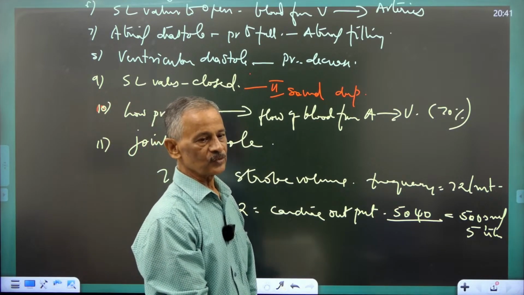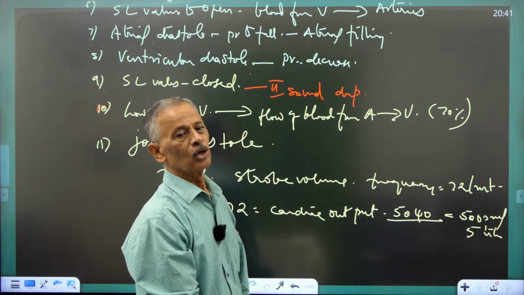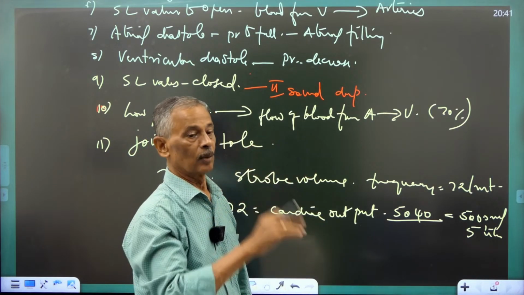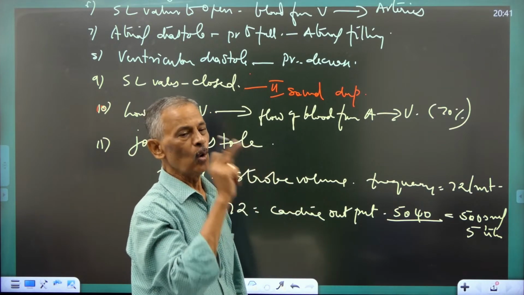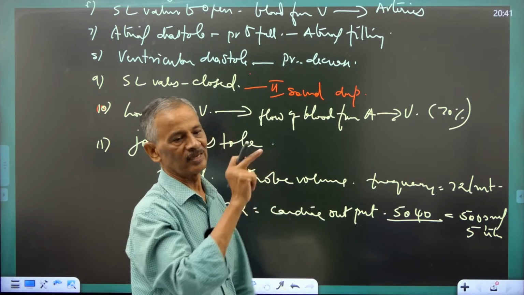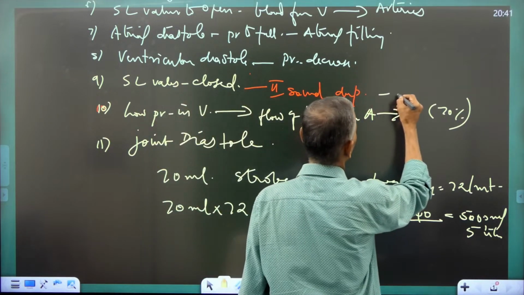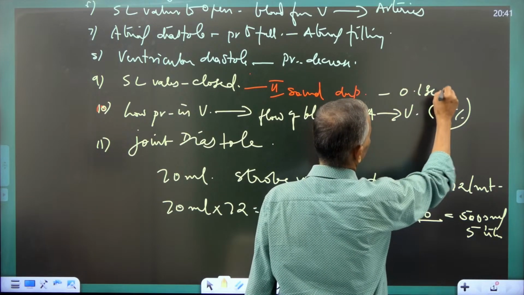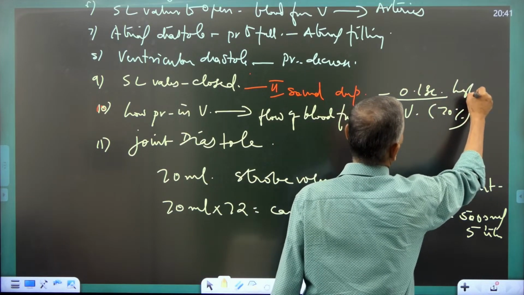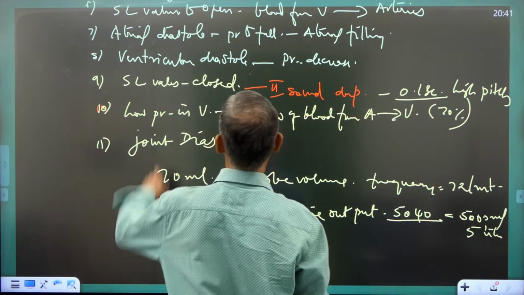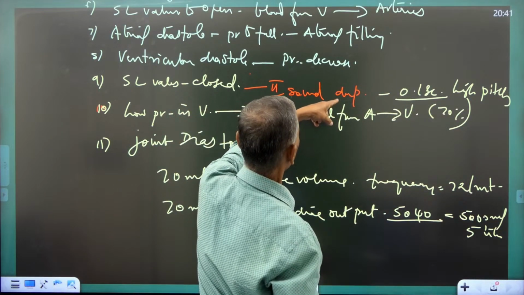Lub sound is of long duration. It lasts long, 0.16 to 0.19 seconds, whereas the second sound is only 0.1 second. It is the high pitch dub sound.